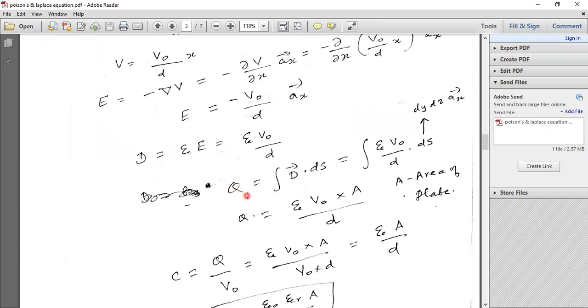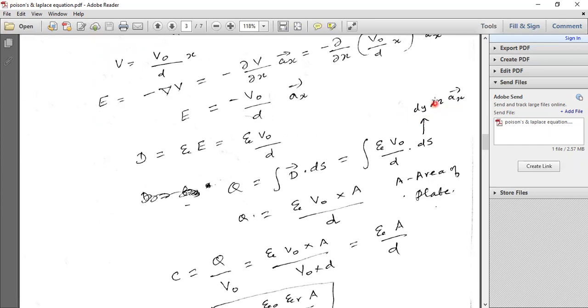Now what is Q? This is Gauss law, Q is equal to the integral of D dot ds. D is equal to epsilon V naught by D, dot ds. ds is dy dz into Ax, because the plate is in the YZ plane, so the area is dy dz into Ax. Why Ax?